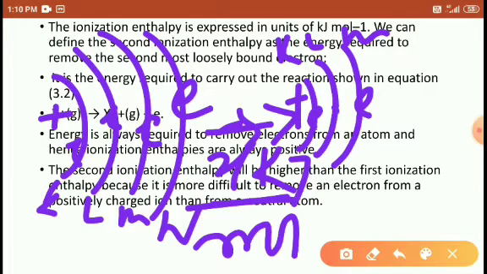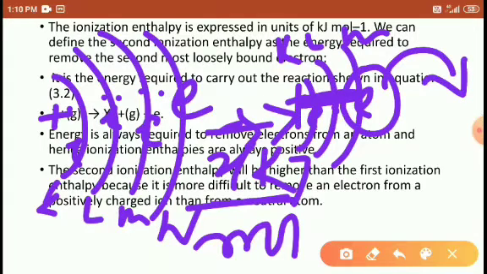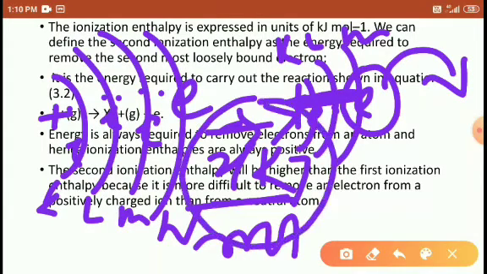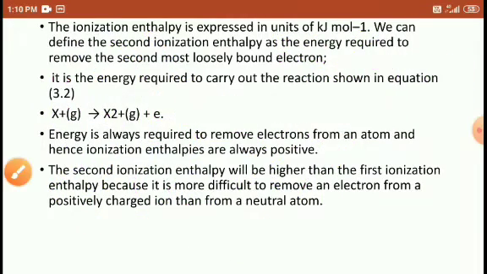When electrons are removed, the nuclear attraction on the outermost electron increases. So that's why removing the next electron needs greater energy than the X kilojoule of the first ionization enthalpy. Right, students?